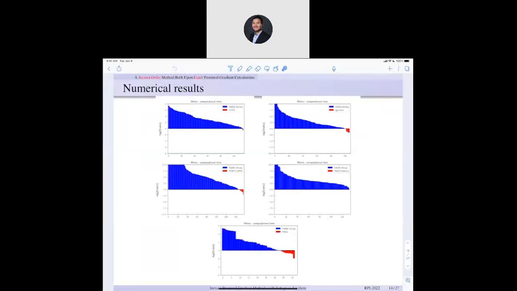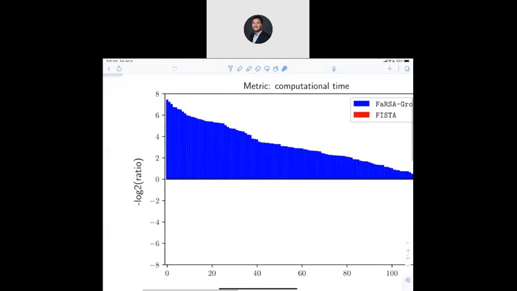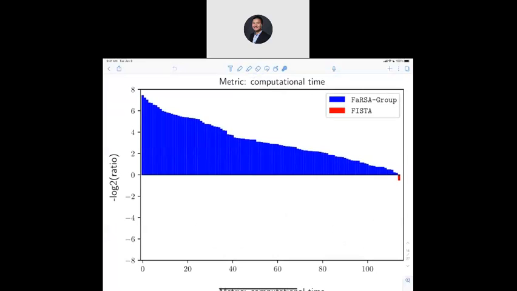Okay, so here are the numerical results. These bar charts have along the x-axis a bar. Let me zoom in on one for a minute. All these blue bars point up, and you'll see there's one red bar that points down. Each data set that we tested, each problem we tested, has a bar associated with it.